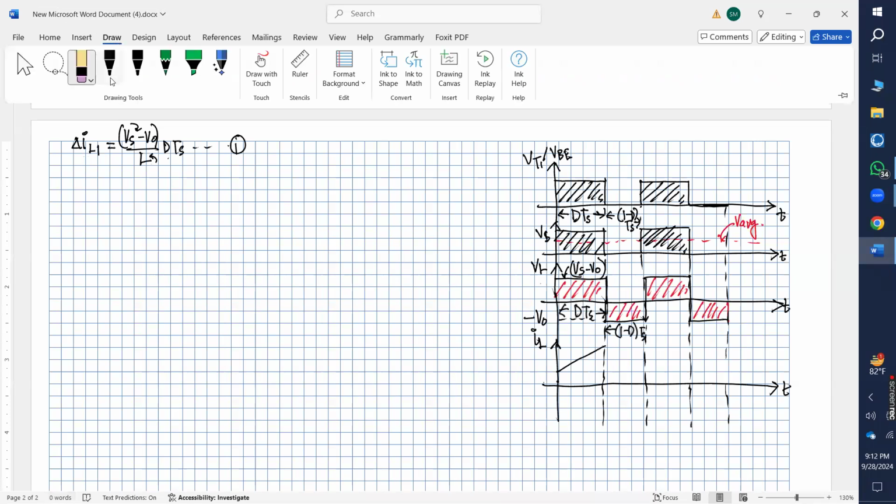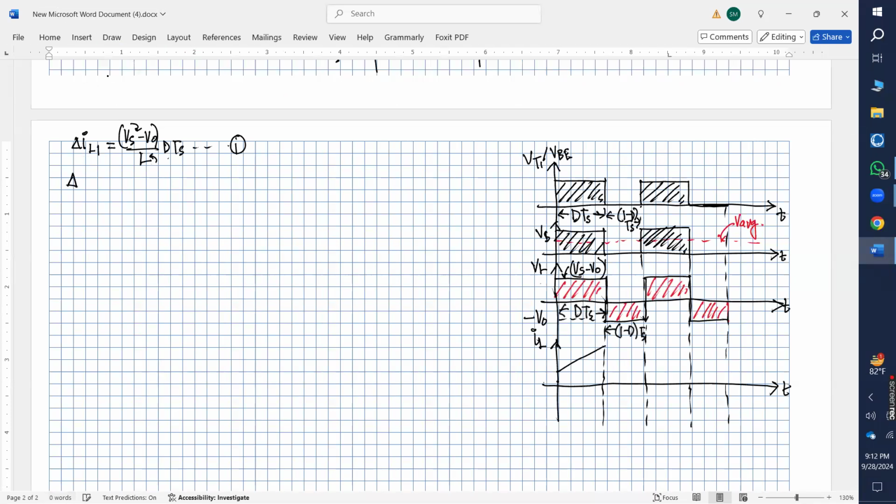And during the negative half cycle, what will happen? We found that IL2 has a negative slope, that is minus V naught over L, then we have 1 minus D multiplied by TS. Since we have a negative slope here, it will decrease from here, and at the end of the cycle, it will come back to where it started. Why is that?